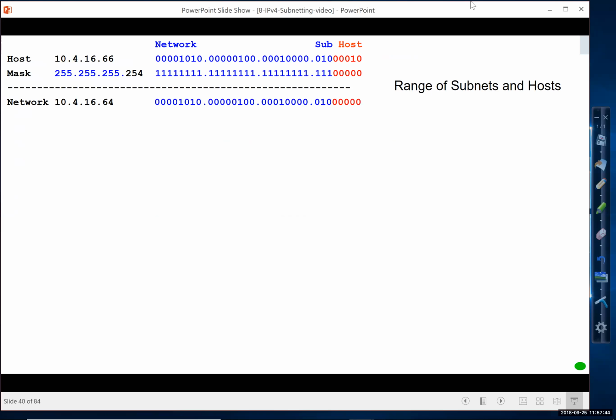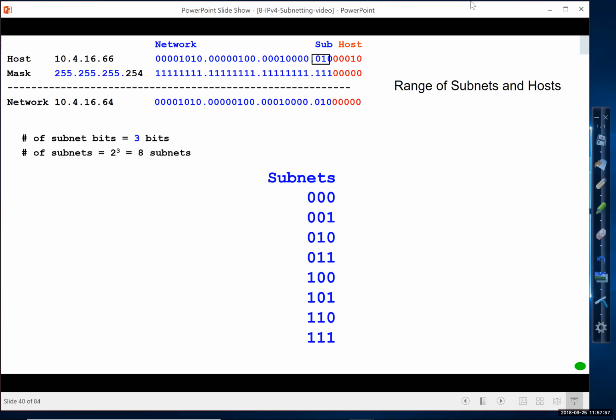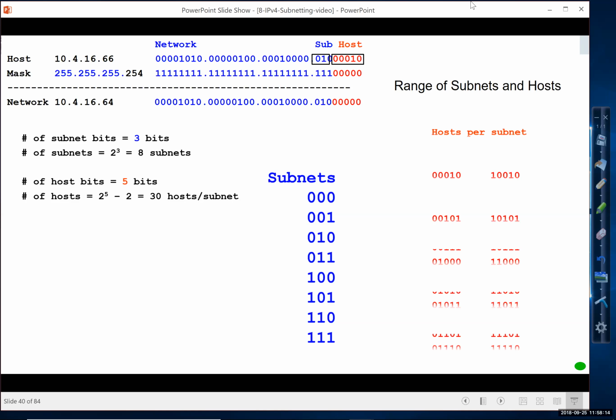Okay, let's take a look at what would be all the subnets with this /27. We said that the number of subnet bits is 3 bits. 2 to the third gives us 8 subnets, and there they are. There are all 8 subnets, 3 bits, starting with 3 zeros going to 3 ones. The number of host bits is 5 bits. So how many hosts can we have on this subnet?